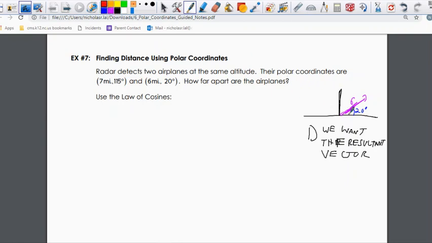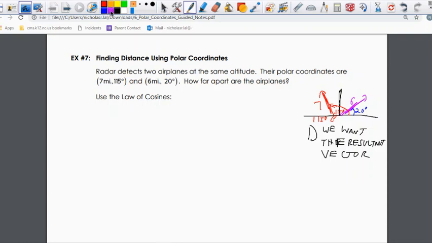So we're going to have an angle of 115. That angle right there is 115 degrees, and we're going to have a magnitude of 7.